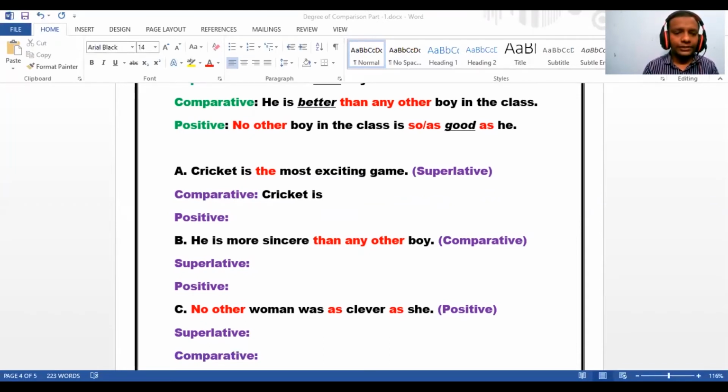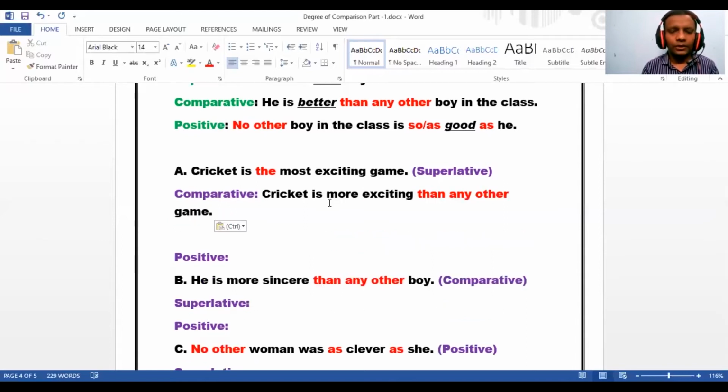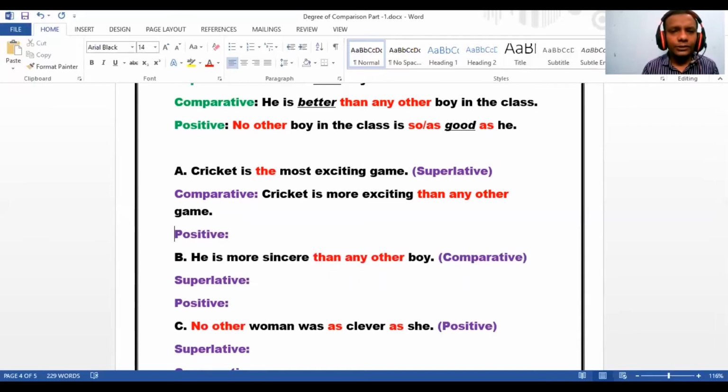So look at the screen and see the solution. I have written: Cricket is more exciting than any other game. And when I make it positive, then I have to use at first no other. So after superlative and after than any other, I have game. So I have to write game. So no other game.